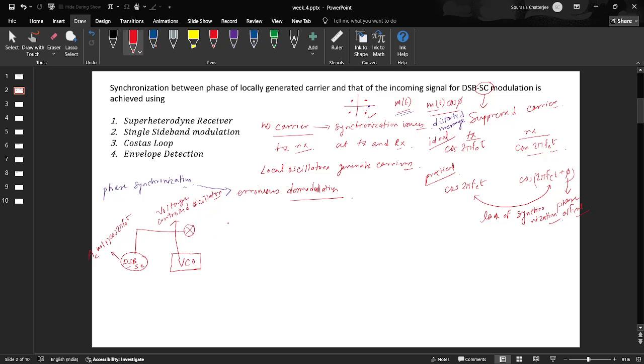Essentially the VCO generates this carrier, but importantly, it generates the carrier with a phase offset, 2 pi fct plus phi. That is something inherent, so it cannot help it really.